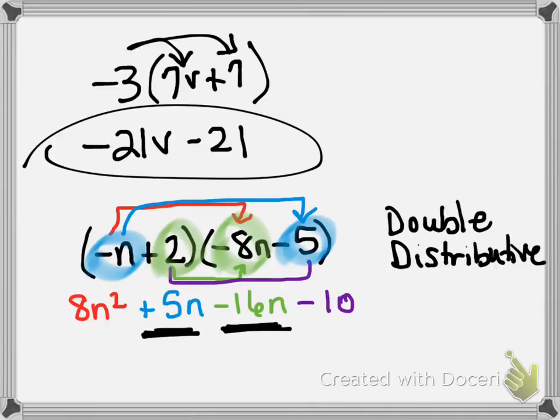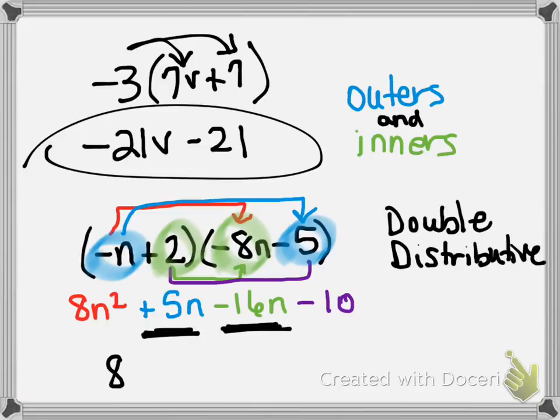So these two middle terms came from the outers and the inners is what we call those, the outers and the inners. The outers were the blue, and they gave us this 5n, and the inners were the green, and they gave us the negative 16n. What's going to happen is those are like terms, and they're going to combine together to give you a negative 11n.